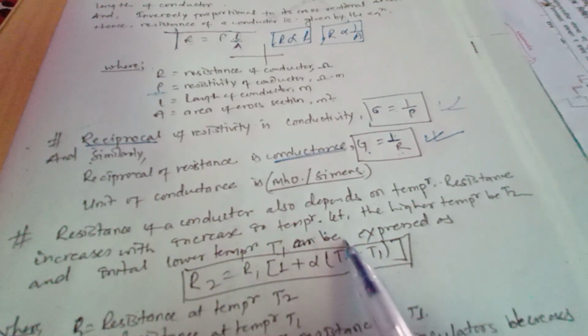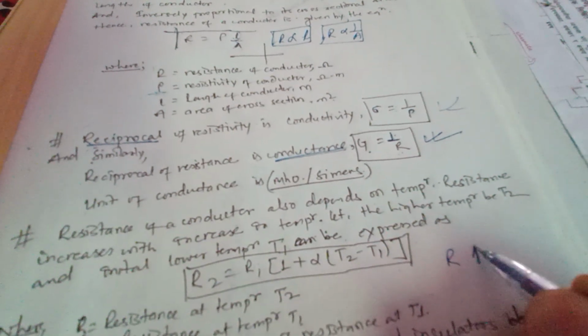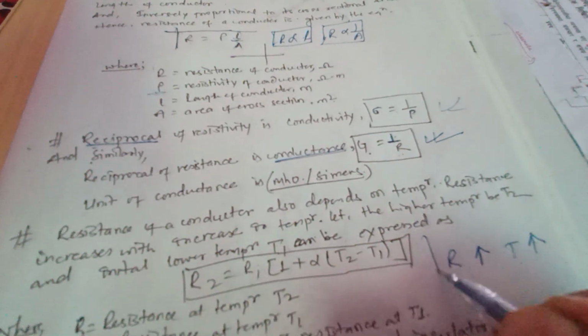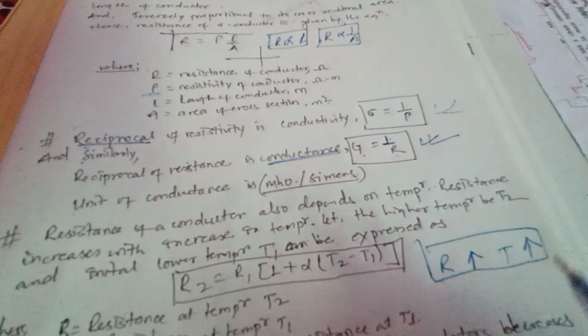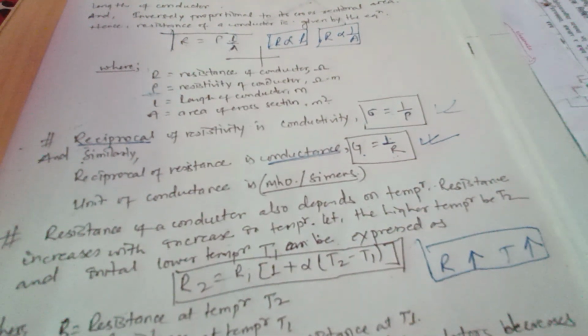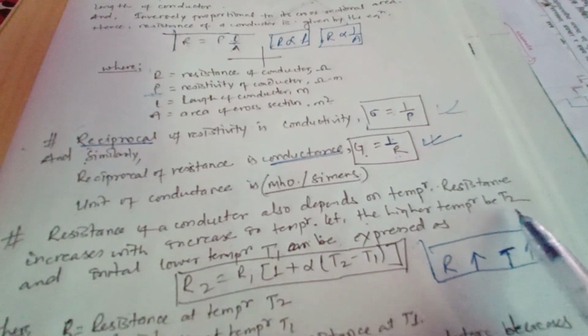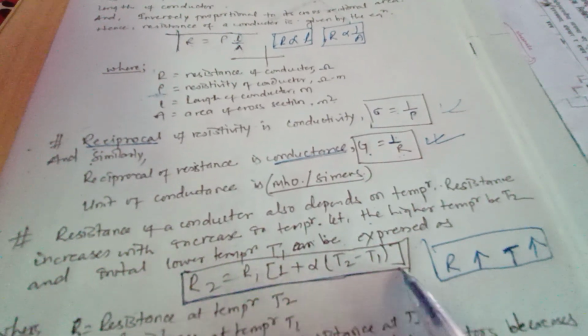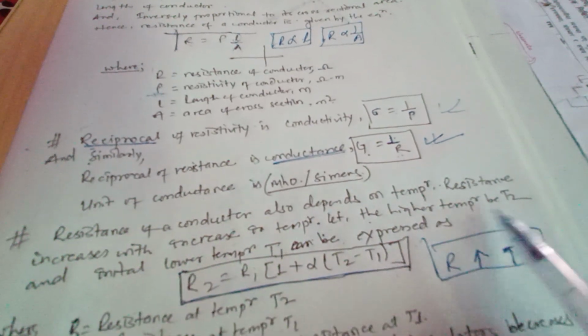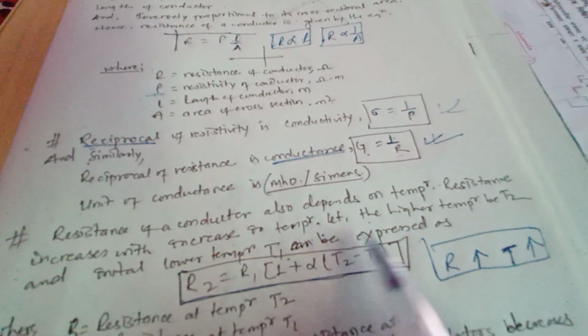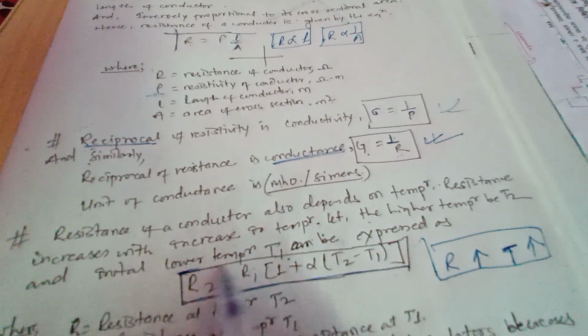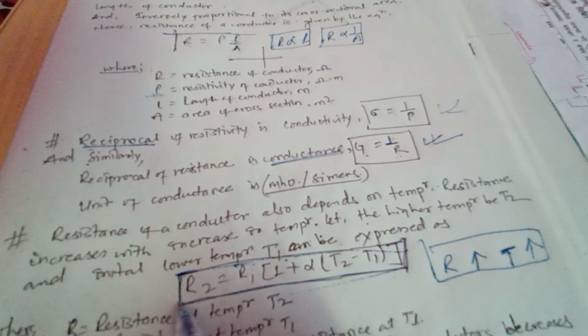Resistance increases with increasing temperature, because it blocks the flow and continuity of electrons in the circuit. Let the higher temperature be T2 and the initial, lower temperature be T1; this is also studied in physics, in heat and thermodynamics.